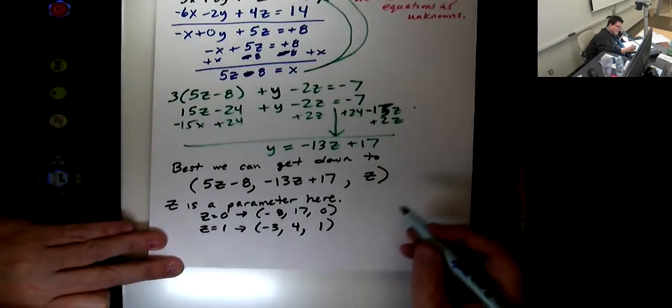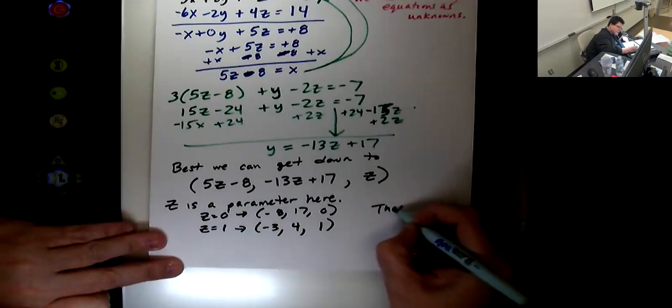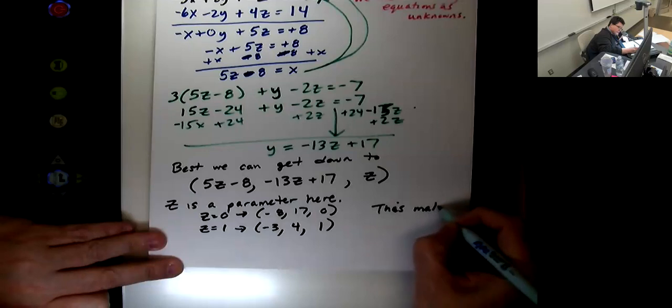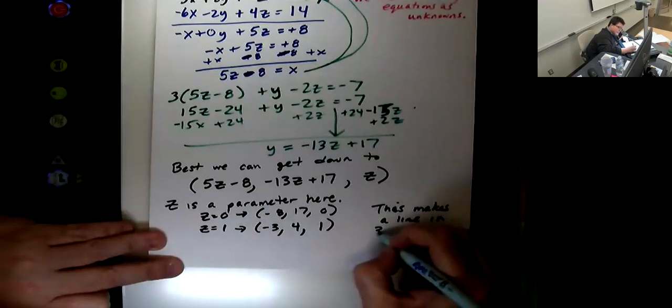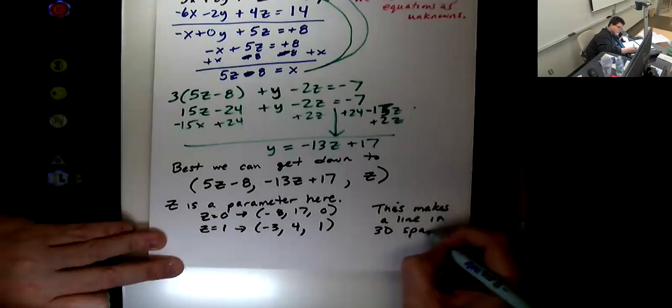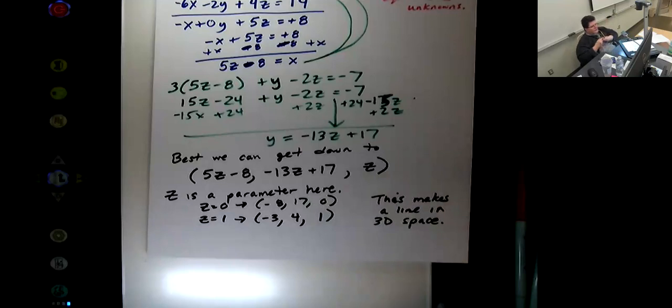And we could do this for a lot of z's. This makes a line in 3-dimensional space. And we could have parameterized for other letters, but we've got to have something that acts as a variable here.